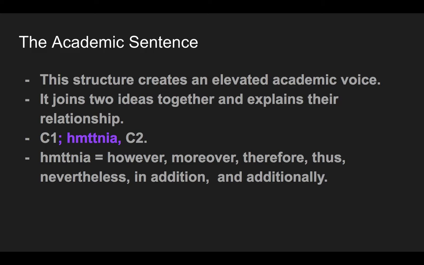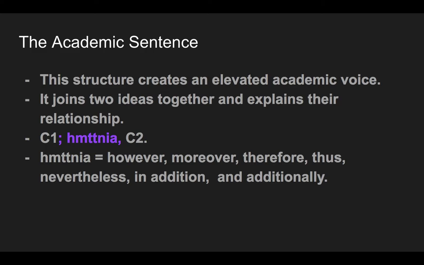So let's talk about this weird abbreviation or acronym, I guess it is called, HMTTNIA. These are another type of linking word, and they're called conjunctive adverbs, and that's why we need this slightly different structure in the middle.